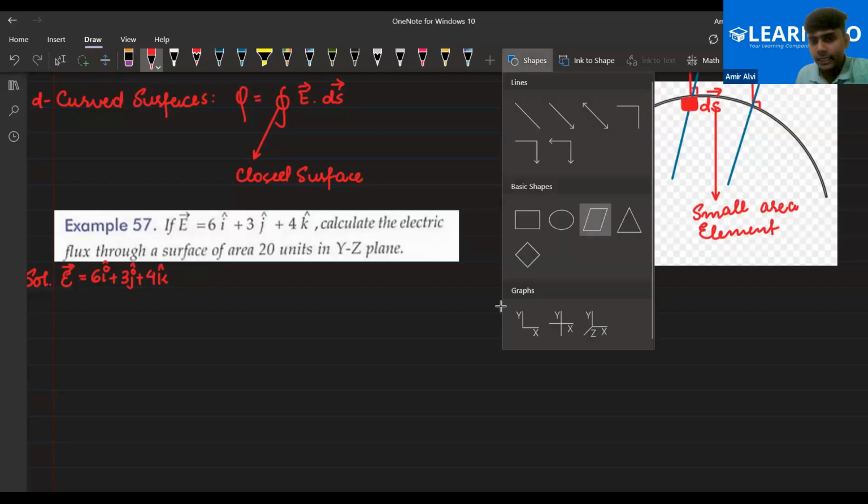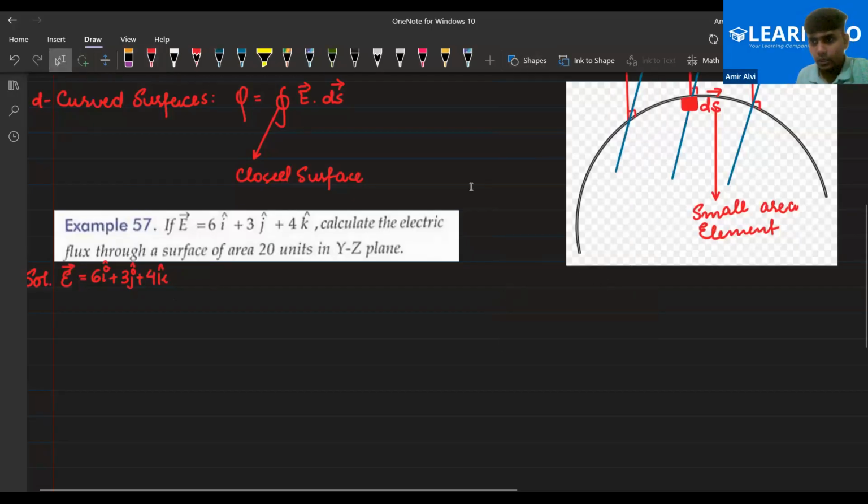If the question says the area is along the YZ plane, that means suppose this is the y axis, and this is the z axis, like this.